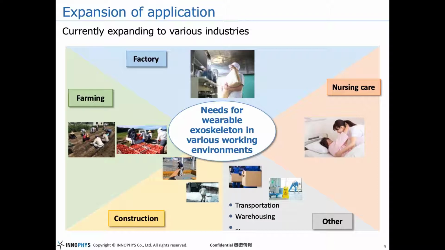We started from nursing care, but now there are many companies using our product, for example in factories and construction, and others such as transportation and warehousing. And recently, the growing segment is farming.